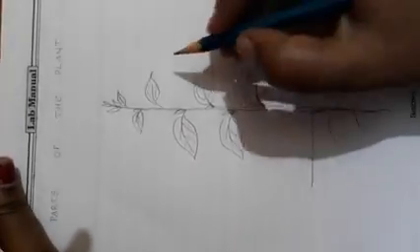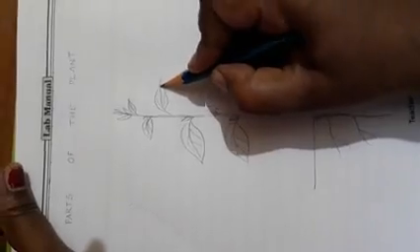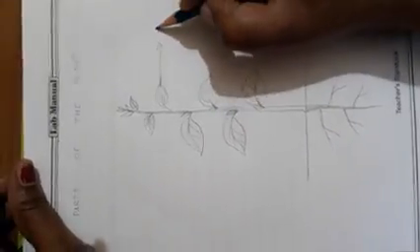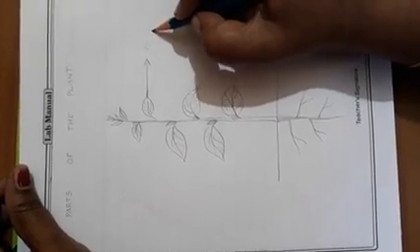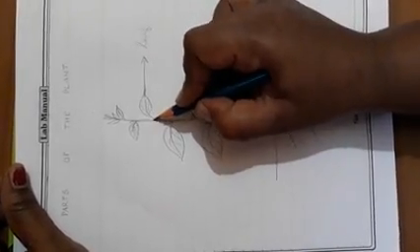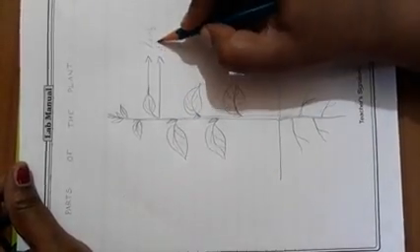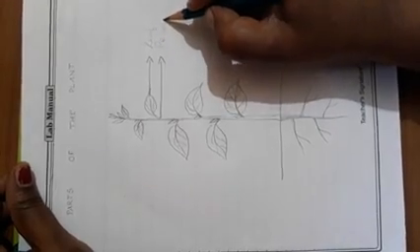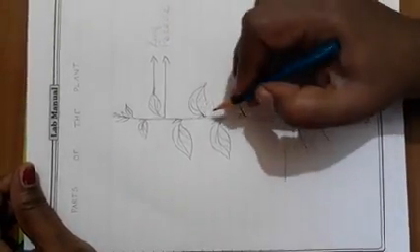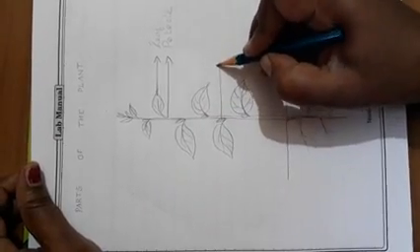And let us label it. This is the leaf. And the stalk of the leaf is petiole. And this is axillary bud.